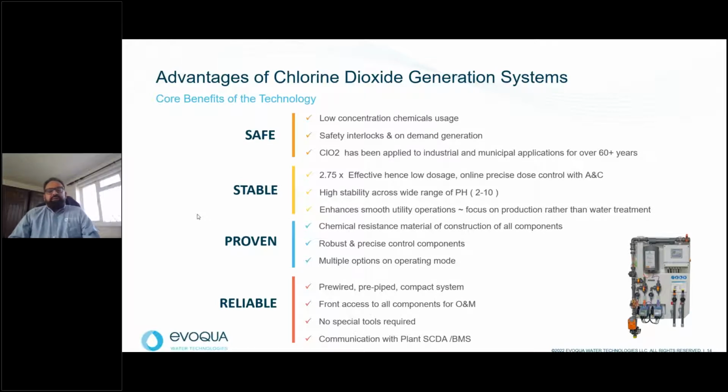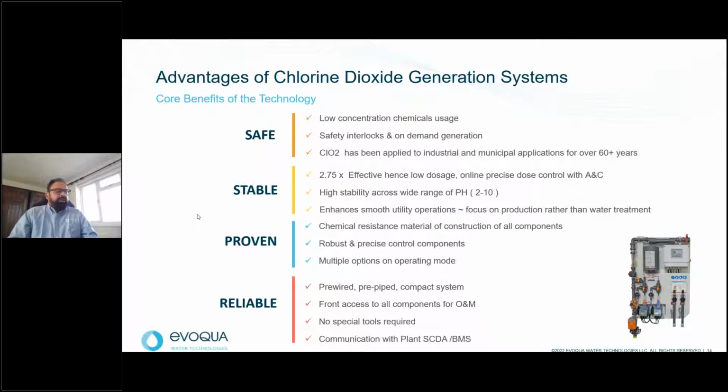As we know, chlorine dioxide has been applied in industrial and municipal applications for over the last 60 years. At Evoqua, for the particular capacity requirement, the chemicals used are of very low concentration. For example, sodium chlorite at 7.5% and hydrochloric acid at only 9% concentration.